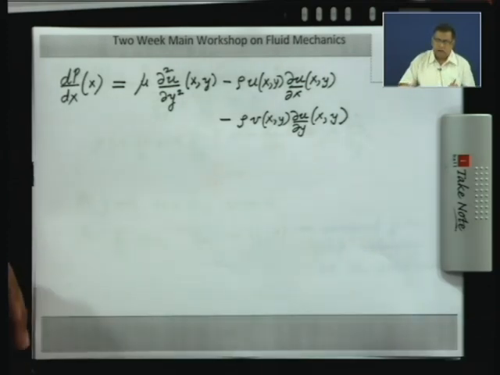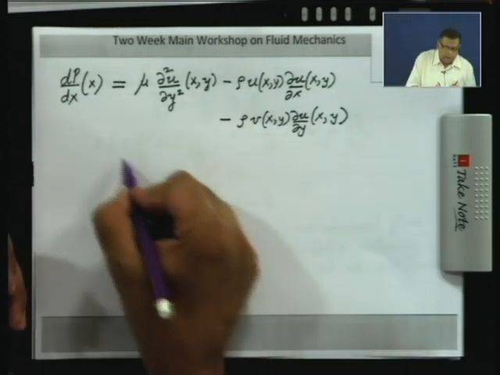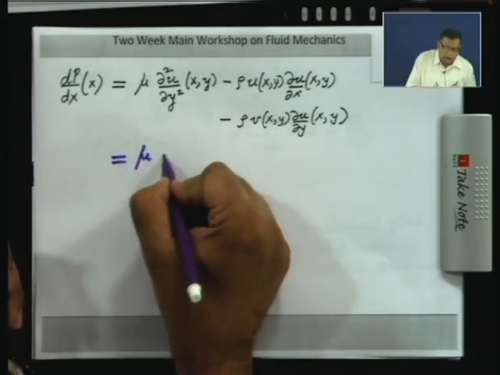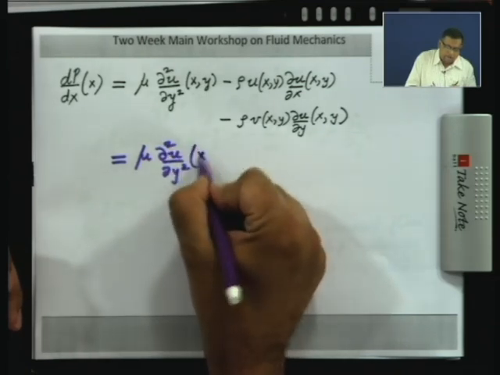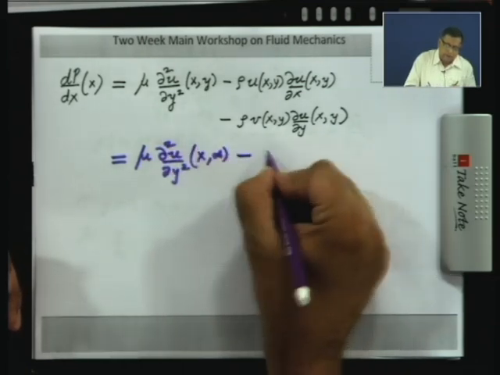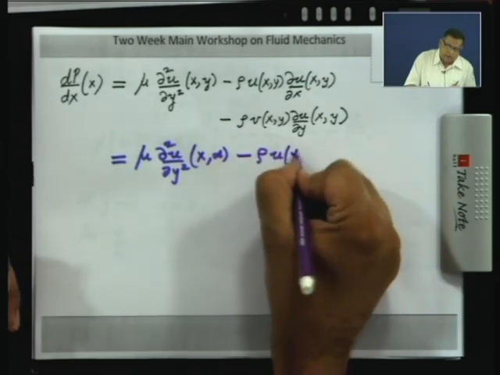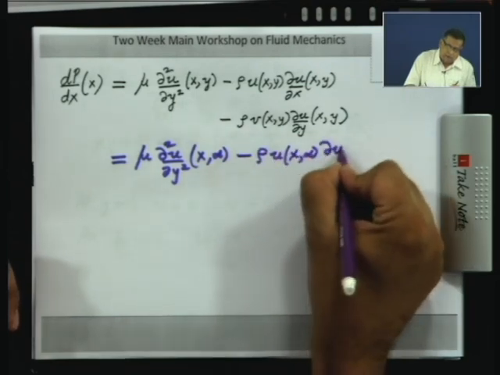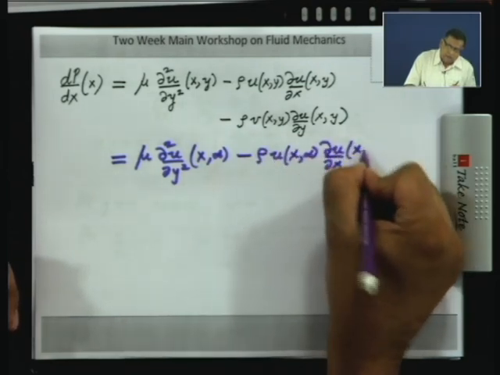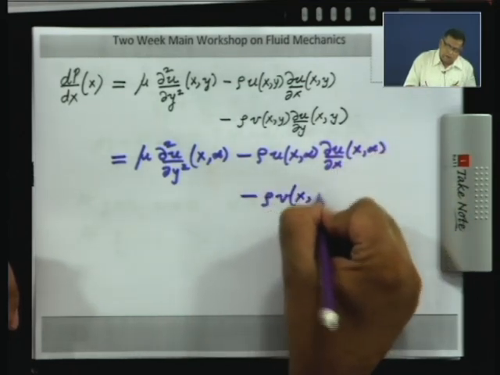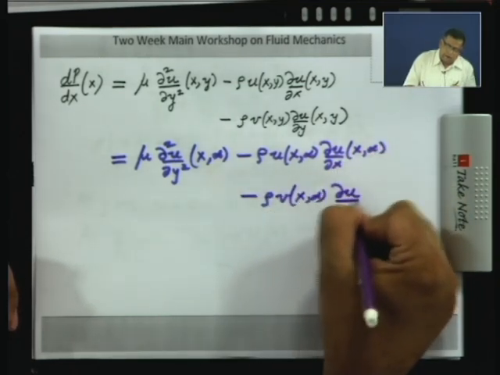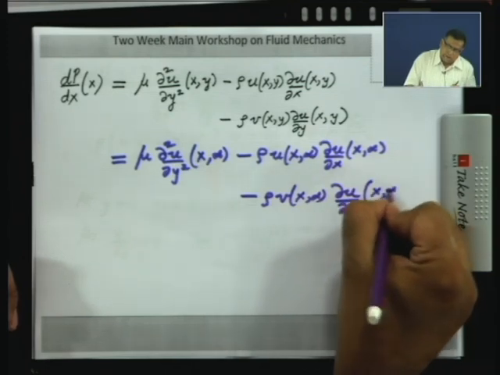In this equation I can put any value of y, here we will put y equal to infinity. So, mu del 2 u del y squared of x comma infinity, minus rho u of x comma infinity del u del x of x comma infinity, minus rho v of x comma infinity del u del y of x comma infinity.